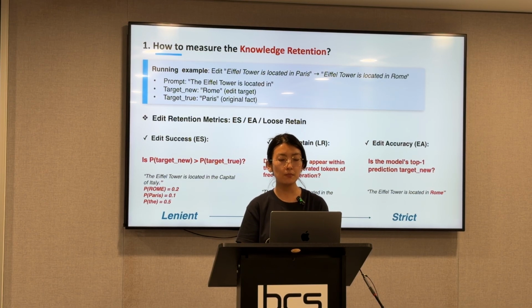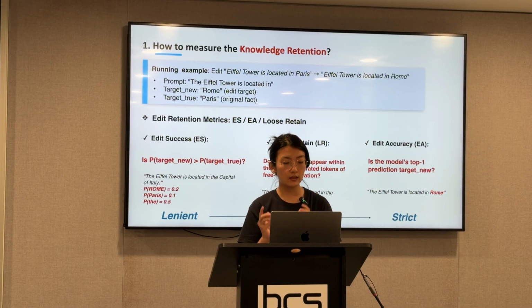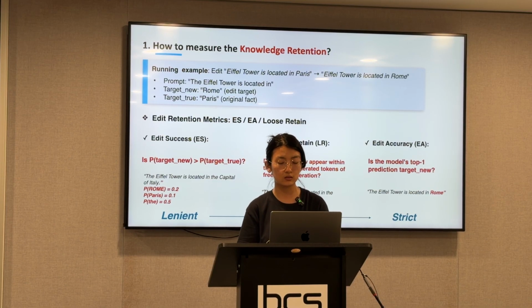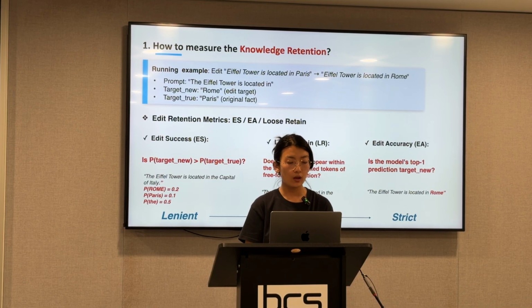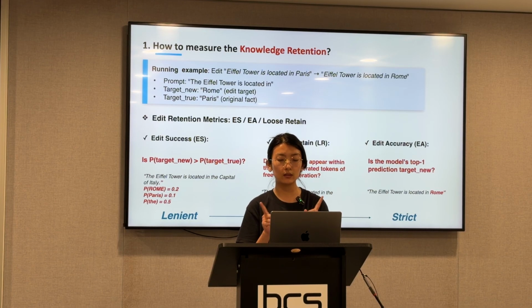Let's use this example about the Eiffel Tower is located in Paris, and we want to change it into Eiffel Tower is located in Rome. According to the behavior of the fine-tuned model, we have three metrics. The first is the edit success, ES. ES compares the probability between the target new, Rome, and the target true, Paris.